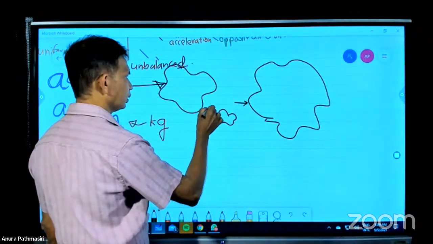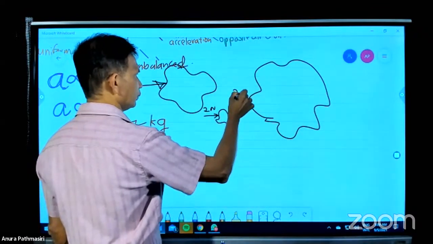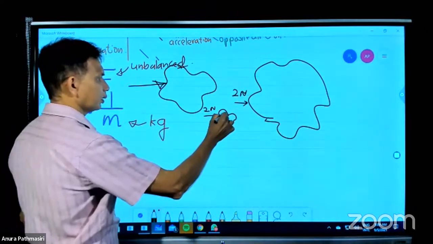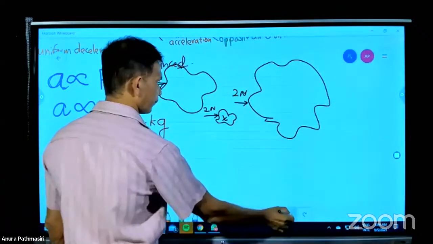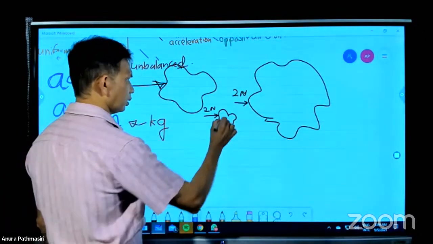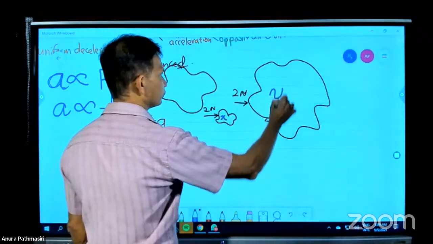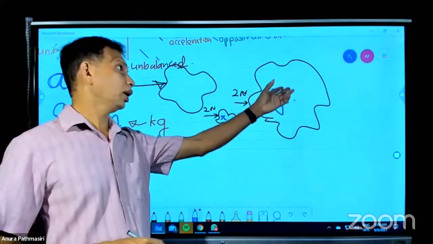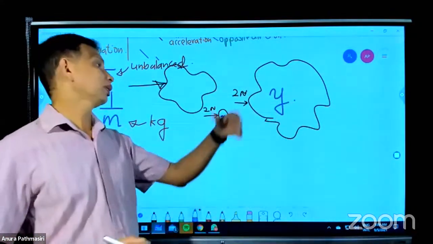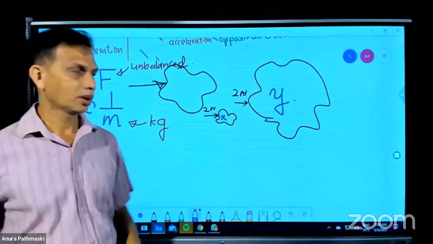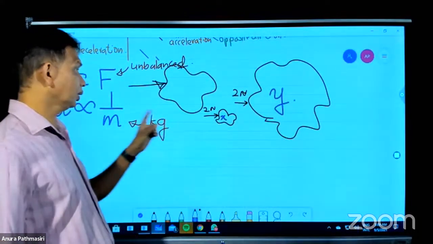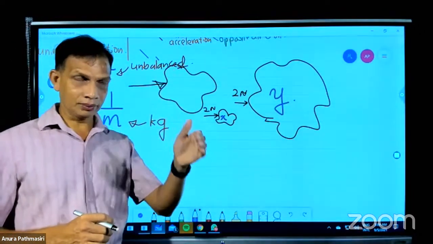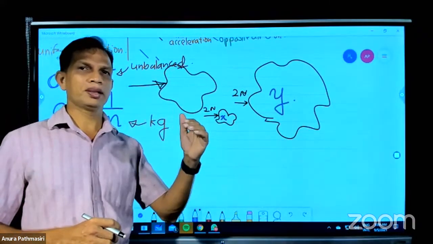The force you exert is 2 Newton here. Which one will be moving faster? Is it X or Y that is moving faster? The fast moving object will be X, because it is inversely proportional. The acceleration is inversely proportional to the mass of it.